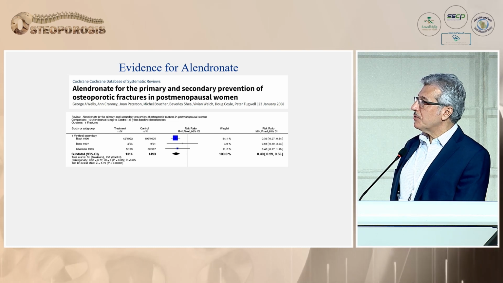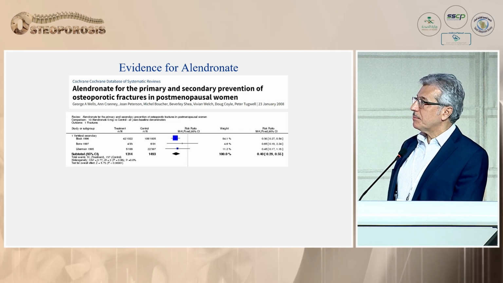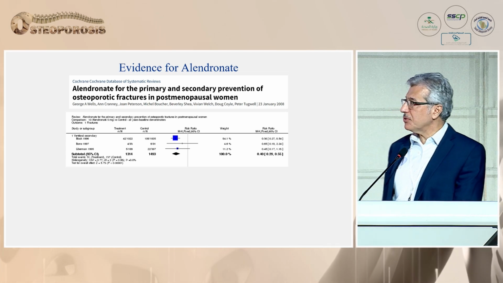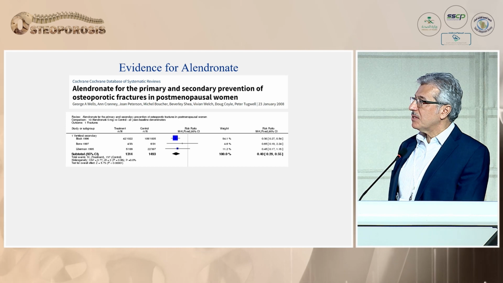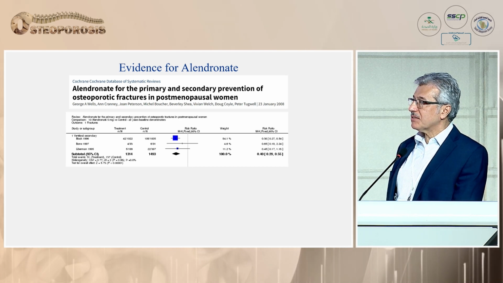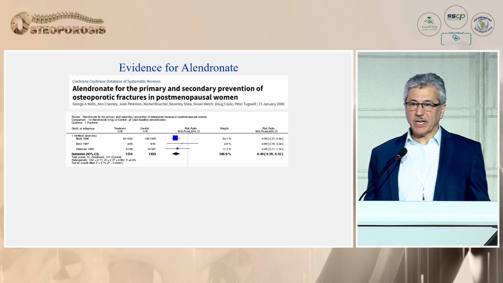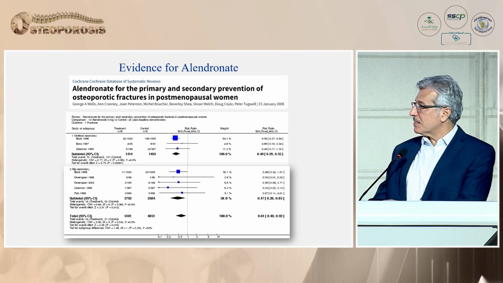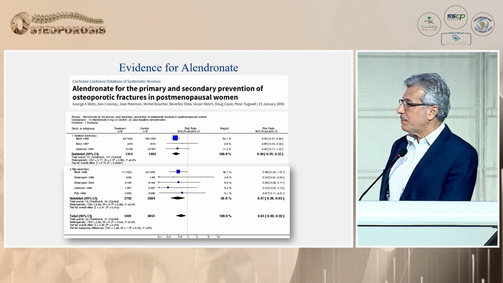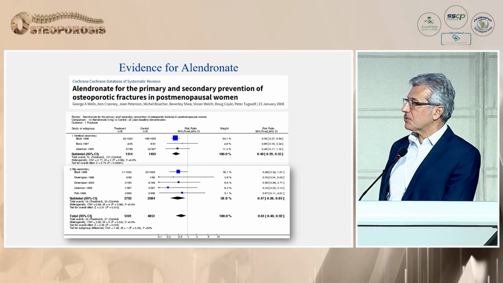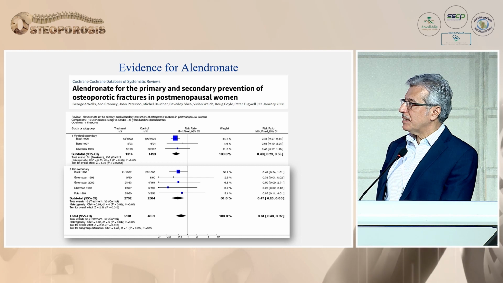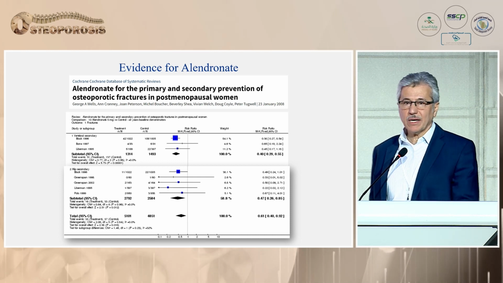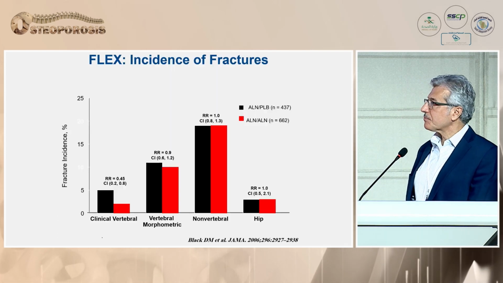And here, looking at secondary prevention, meaning subjects who have already had fractures, it shows almost 60% reduction in vertebral fractures in those who have already established osteoporosis. Similarly, for hip, there was about 50% or so decrease in hip fracture in those who already had an established fracture before.